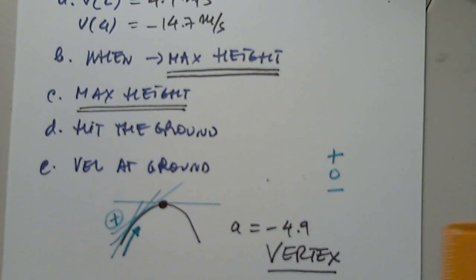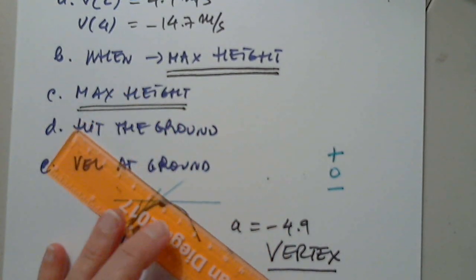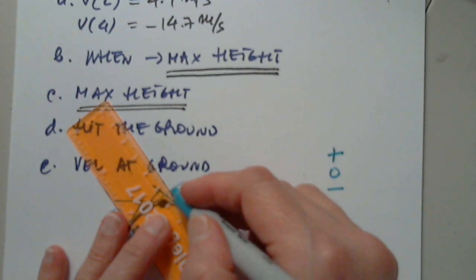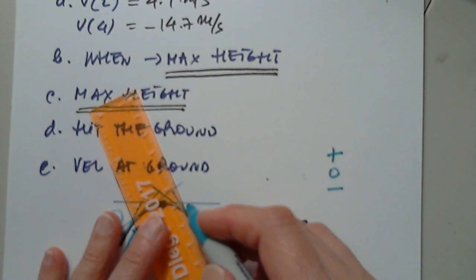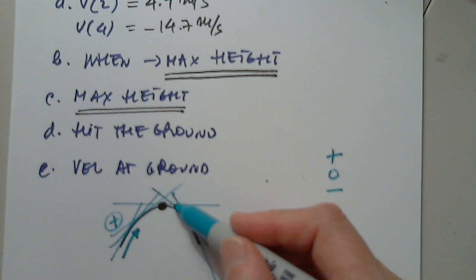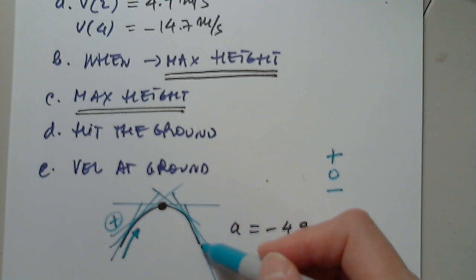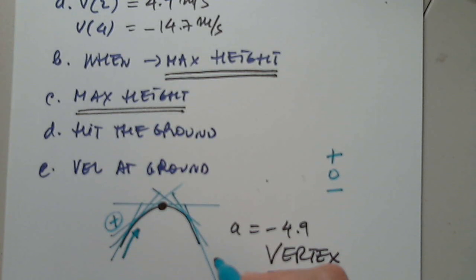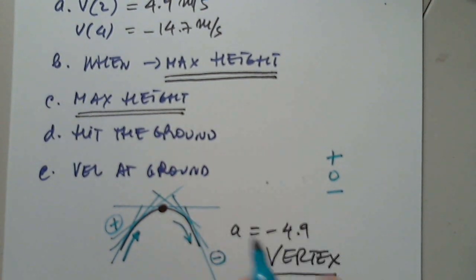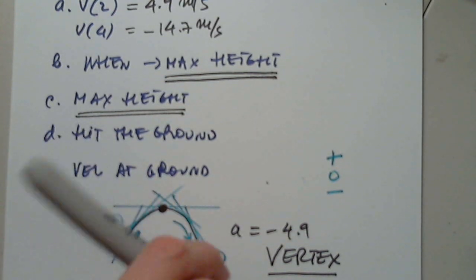Now if I repeat the process on this side, tangent, tangent, tangent. What are the slopes of these tangent lines? Negative. Yes, because the function is decreasing. Now see, it's increasing and then decreasing.